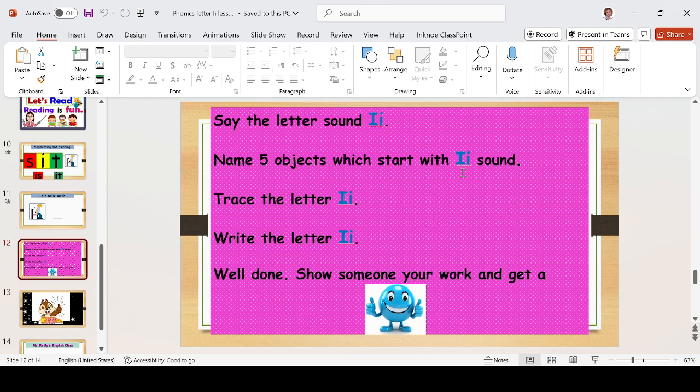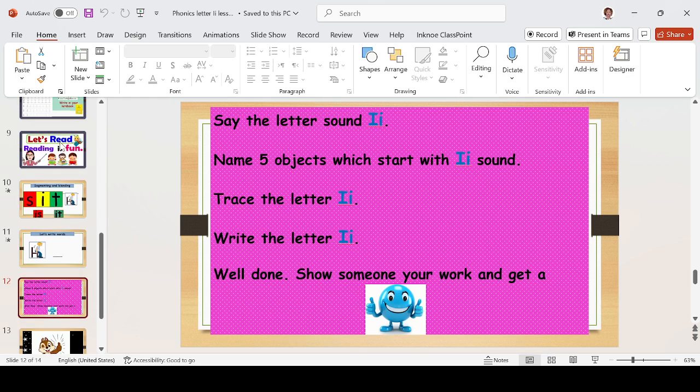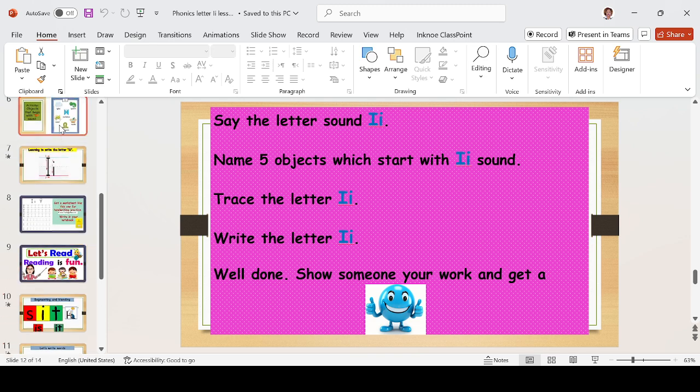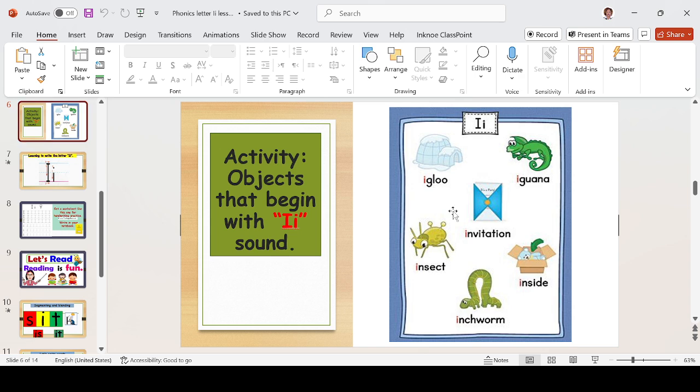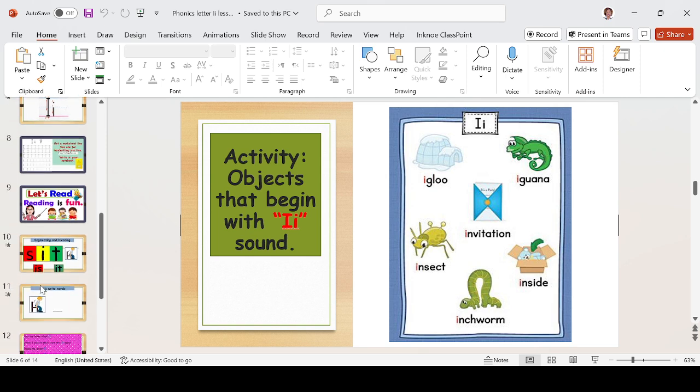Okay, let me check how many objects we have with the E sound. Can you see? We have 1, 2, 3, 4, 5, 6. Wow, so you were supposed to say all these, and then only 5. Then 1 is a bonus. That's a bonus for you.